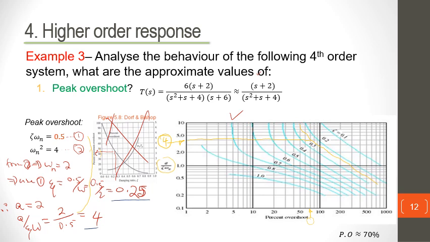And it looks like from our graph, our answer for the peak overshoot should be around 50, 60, 70%. So we should be expecting a peak overshoot of around 70%, as opposed to a typical peak overshoot of 45%. So this becomes our first expectation.